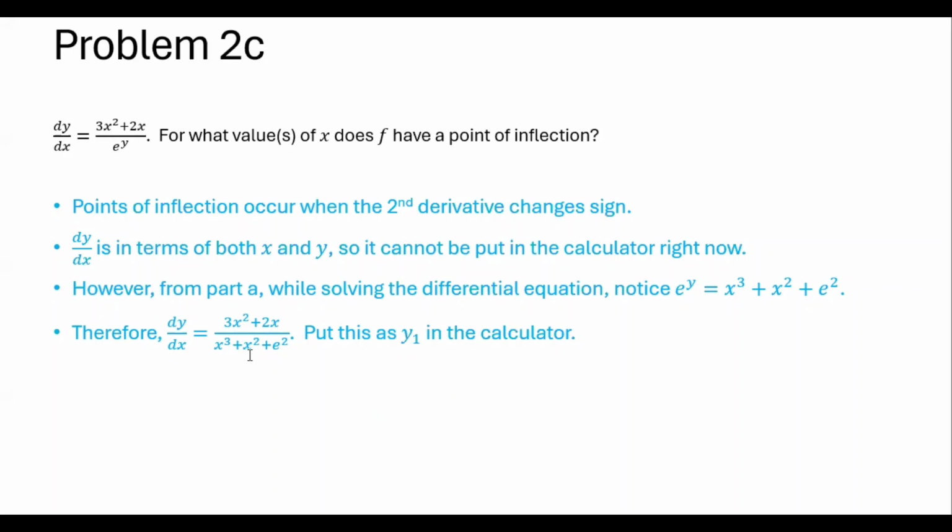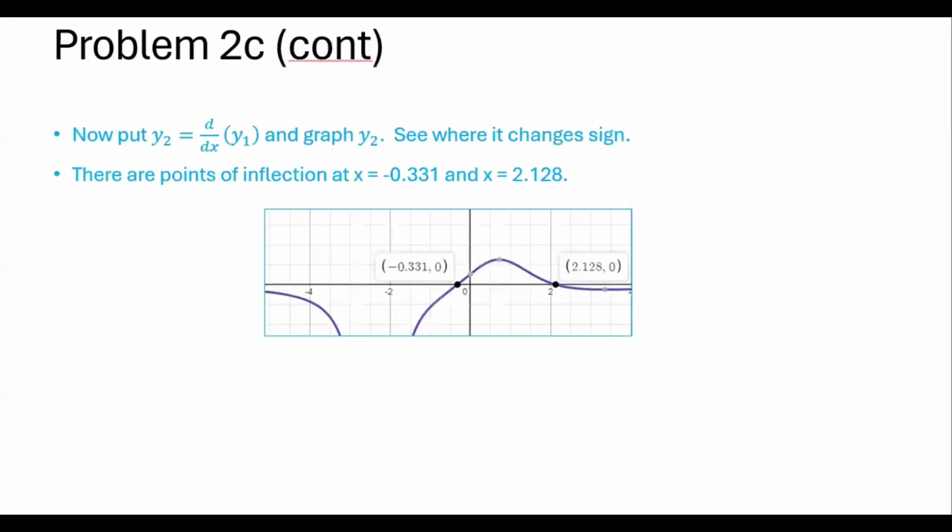So n derive y1 comma x, or this right here, depending on the calculator you have. When I was learning how to use the calculator, I had the older versions where it was n derive and didn't have this differential notation.